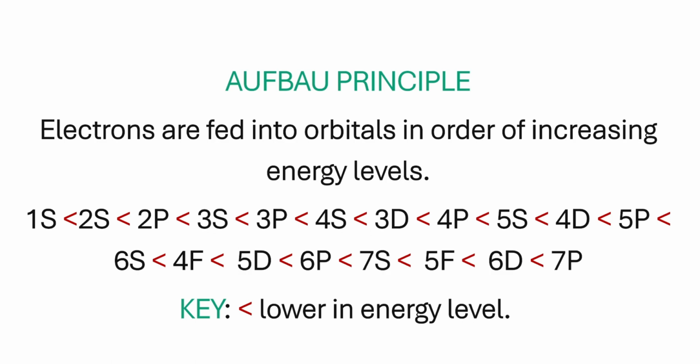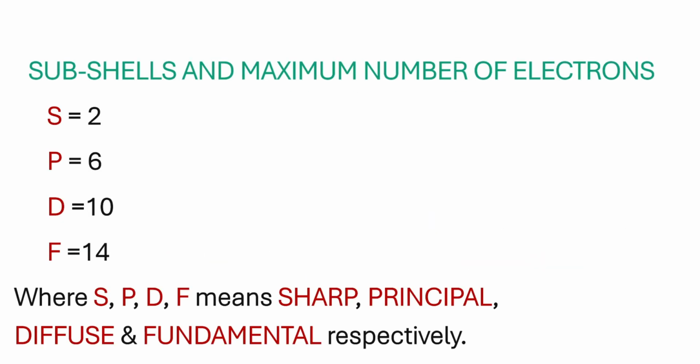And finally, we have the subshells and the maximum number of electrons. In the S subshell, the maximum number of electrons it can contain is 2, while in the P subshell, the maximum number of electrons it can take is 6. The D subshell takes a maximum of 10 electrons, while the F subshell takes a maximum of 14 electrons. So how do we know this?